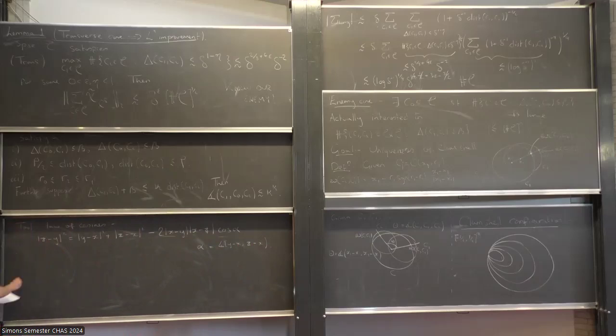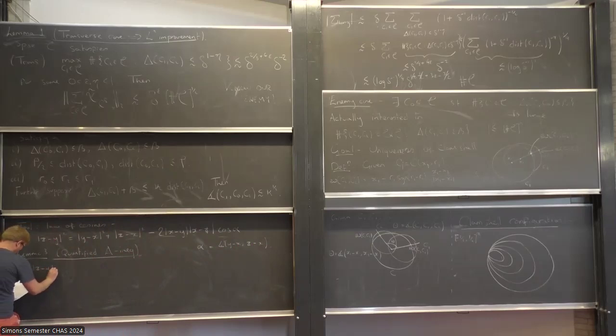So we can use this to obtain a quantified version of the triangle inequality. So what this says is the following. With the same setup, we have these three vectors in R2.